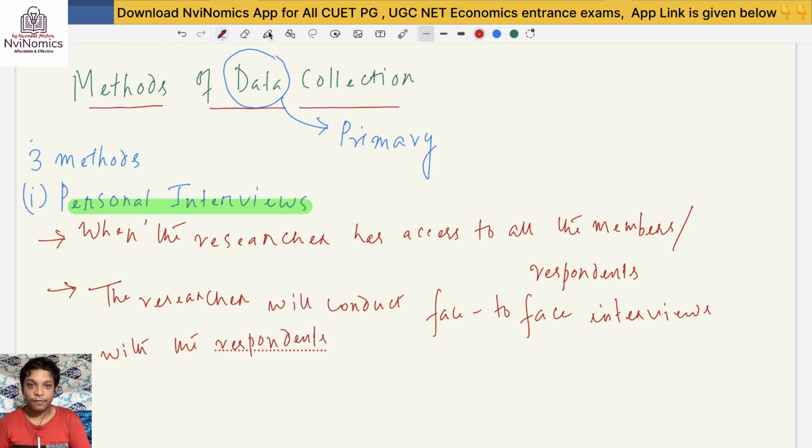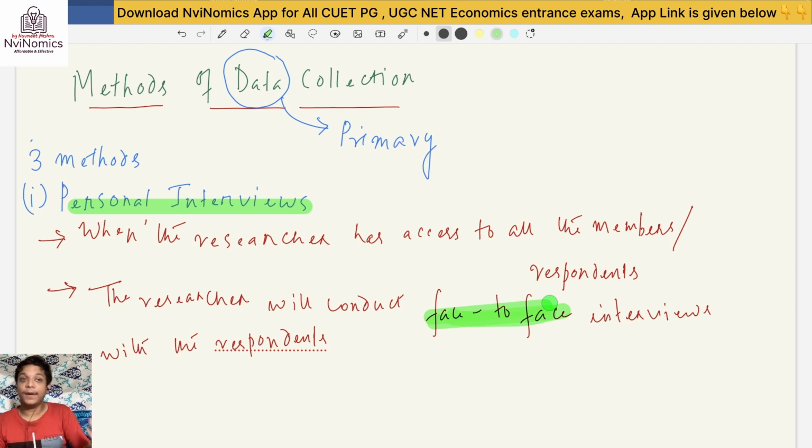So you need to mark this particular point, face to face. Here the researcher collects data from the respondents by conducting a personal interview where he meets the respondent face to face.